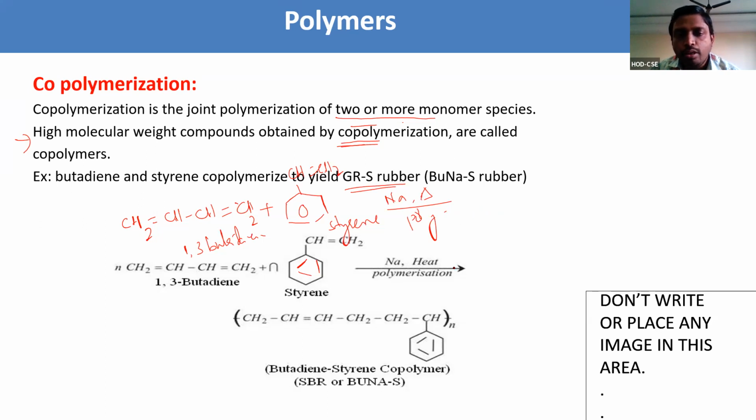We call it Buna, because sodium is the metal involved in this. Butadiene plus styrene gives Buna-S rubber, which we call GRS rubber, or butadiene styrene copolymer.